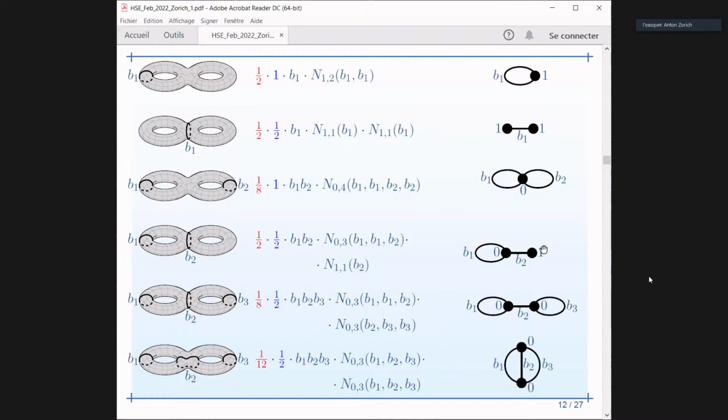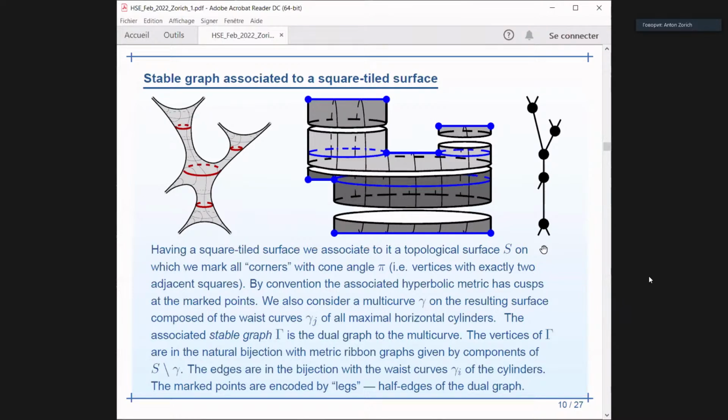I will compute contributions of square-tiled surfaces corresponding to each stable graph separately. As soon as I have a stable graph, I consider the corresponding decomposition of my square-tiled surface. So I decompose it into ribbon graphs.